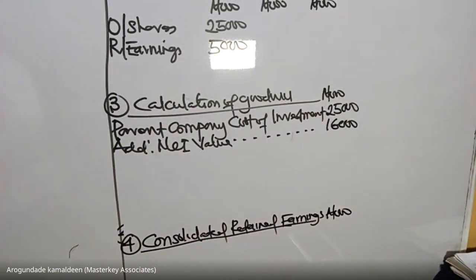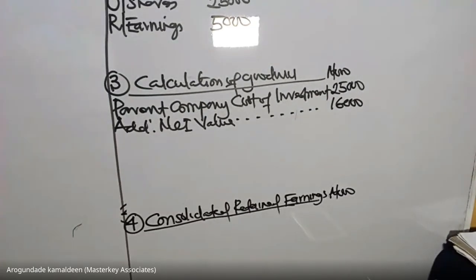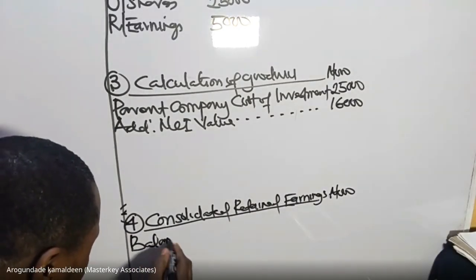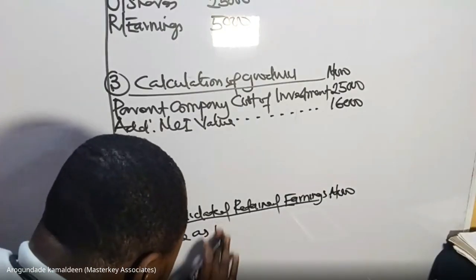Now, class, what do you understand by this? This is what the parent company retained. So, what is the balance? Please tell me. Balance as per SOFP.